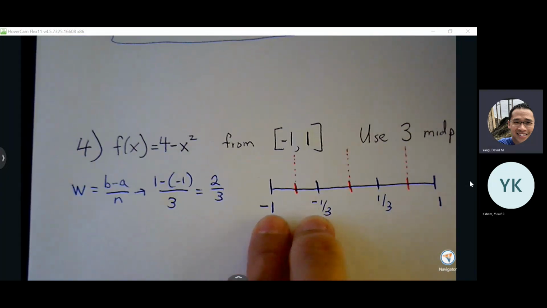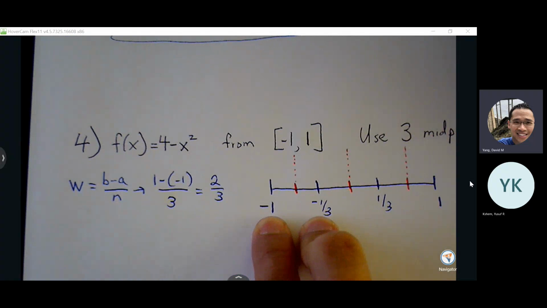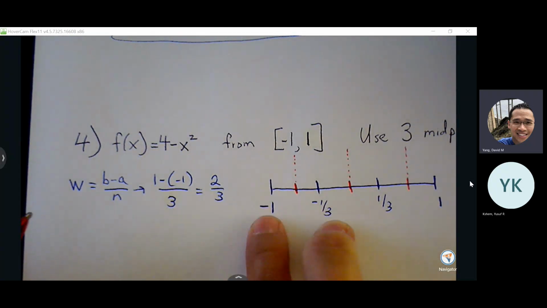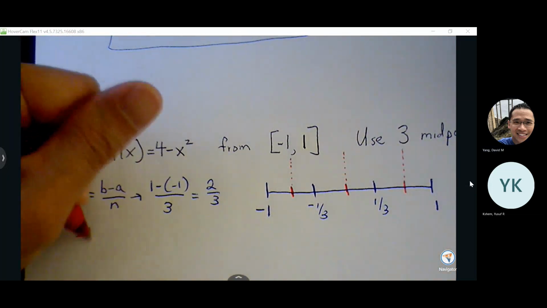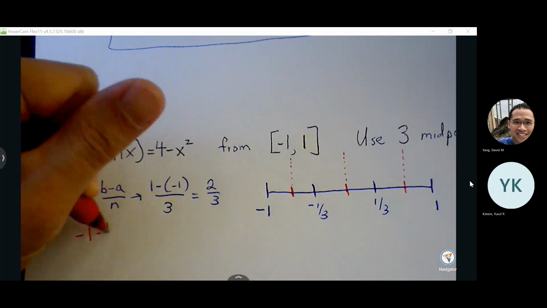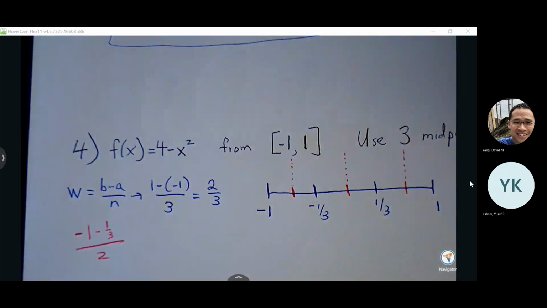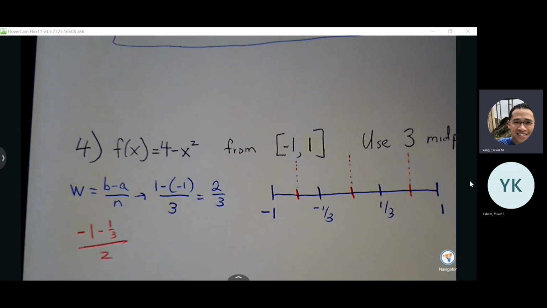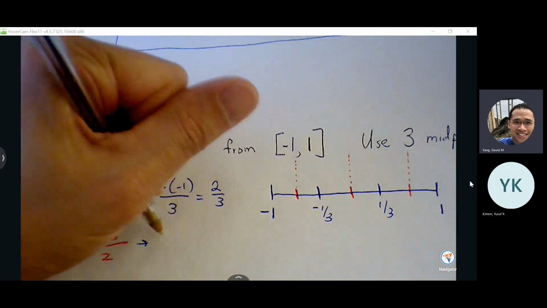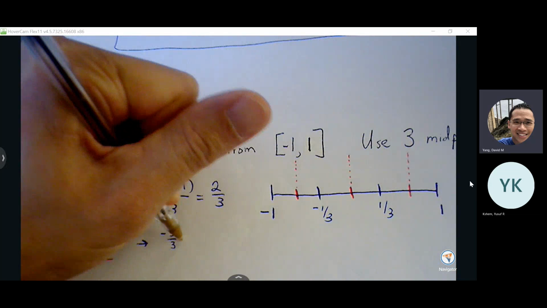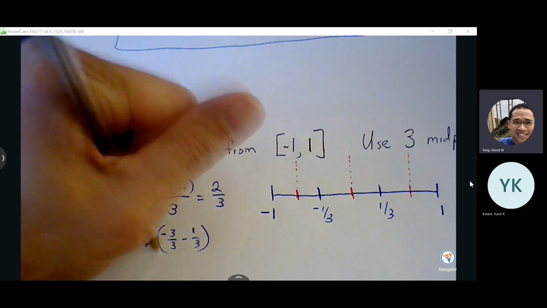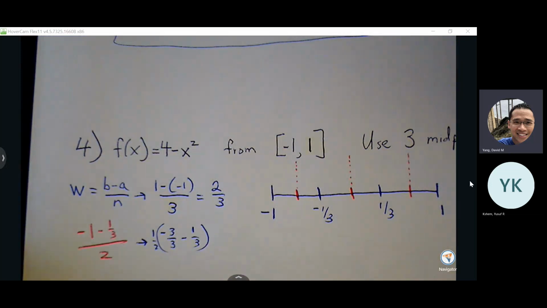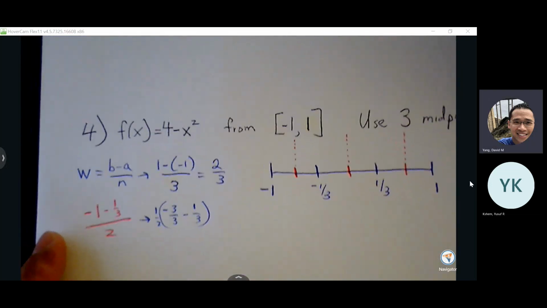So the way I find the midpoint between two numbers is I just find the average, right? If I find the average, it's just the 2 endpoints divided by 2. So -1 minus 1/3 over 2 is the same thing as -3/3 minus 1/3 times 1/2, right? I can just think of it as half of my endpoints added together.